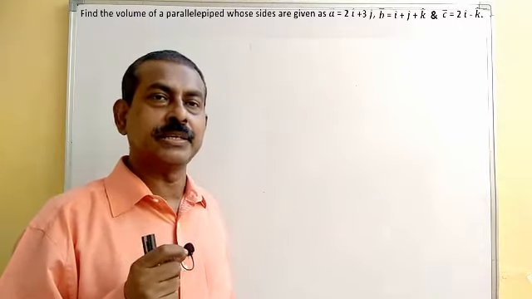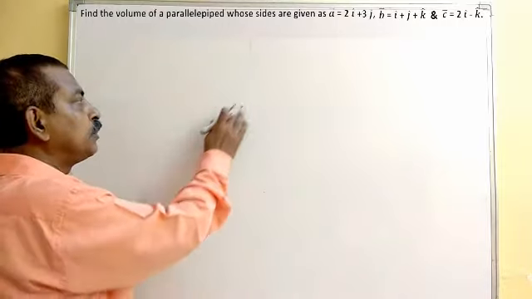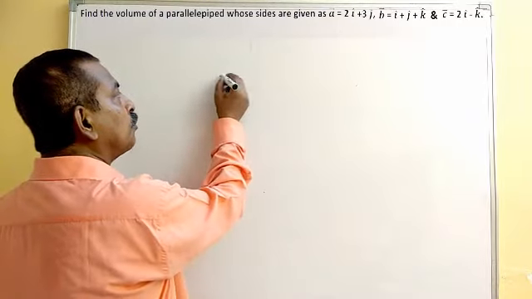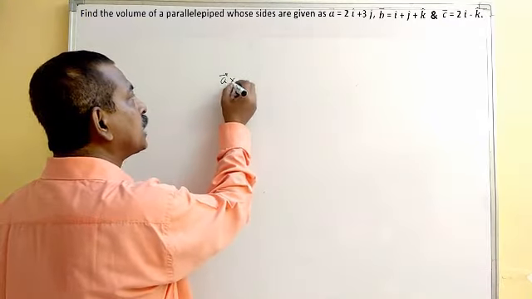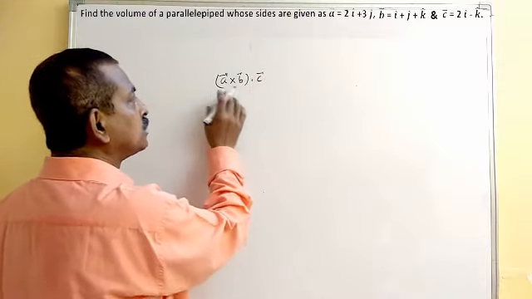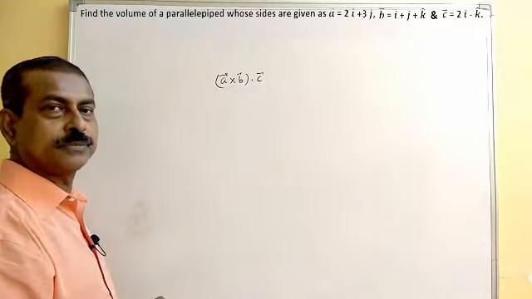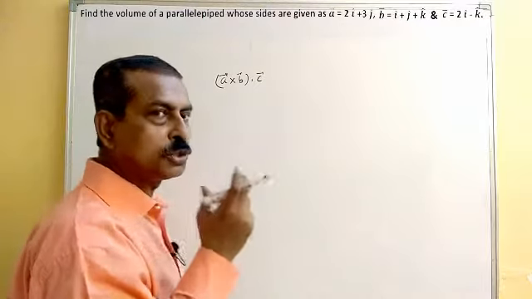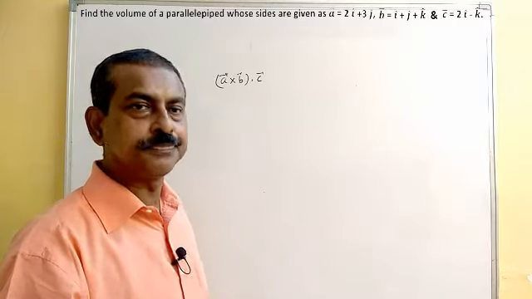If three vectors are there and we take their scalar triple product, that will give the volume of the parallelepiped. Like here, I can take A cross B, and the dot product of this is taken with C. So this is called a scalar triple product. That means you take the cross product of two vectors and take the dot product with the third vector.